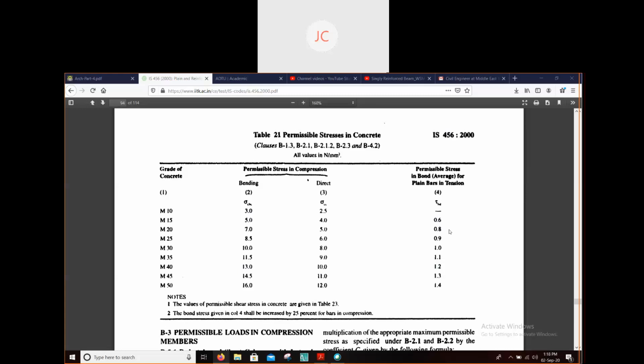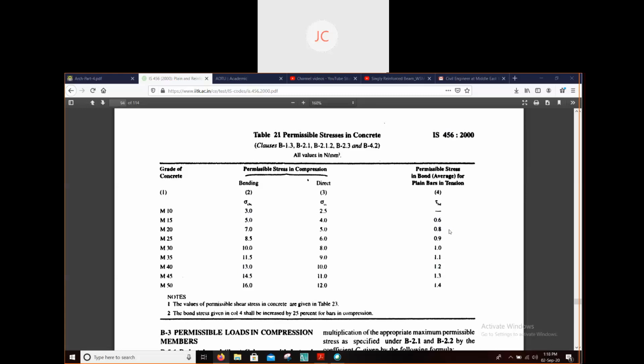Whenever I am in my design class, whenever I show you these numericals, all of you please write down. Try to solve in the class only, so that whenever you have some doubt, you can ask me during the class only, so it will be easy for you to understand. After class also you can ask me, but it will be better if you ask during the class only.